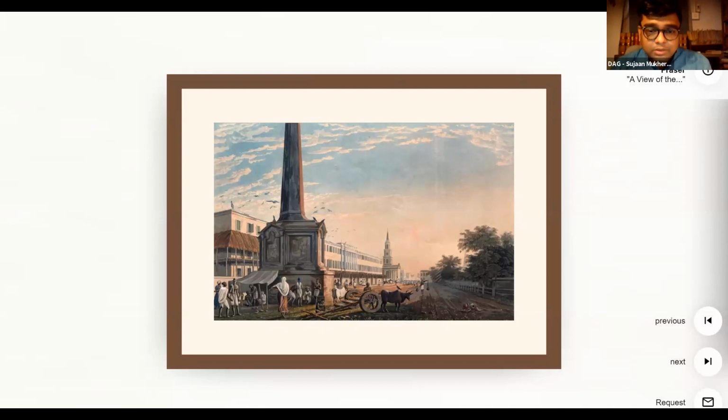That this was the original act of barbarism which warranted the colonization of an entire land, and this would become a very, very powerful narrative.